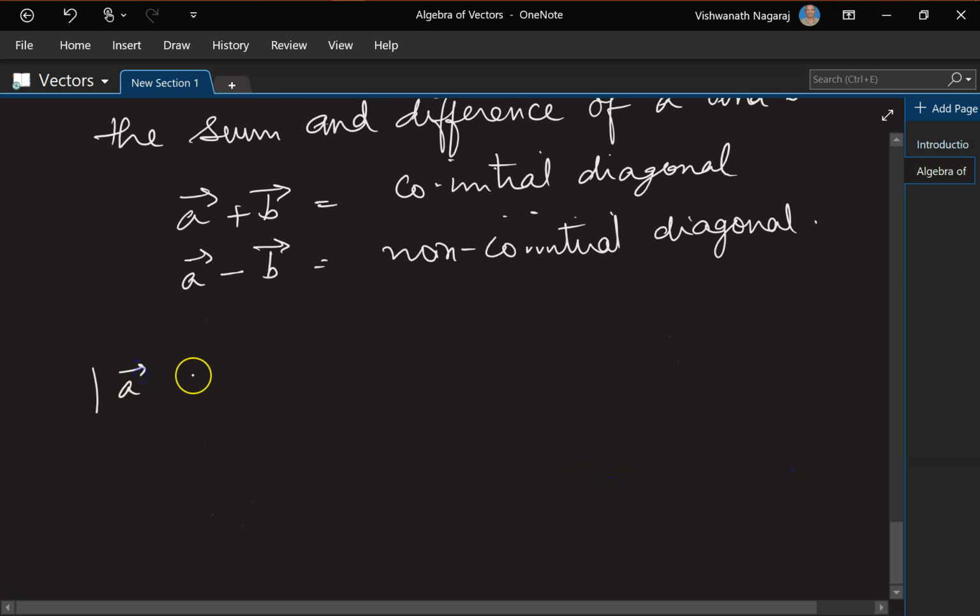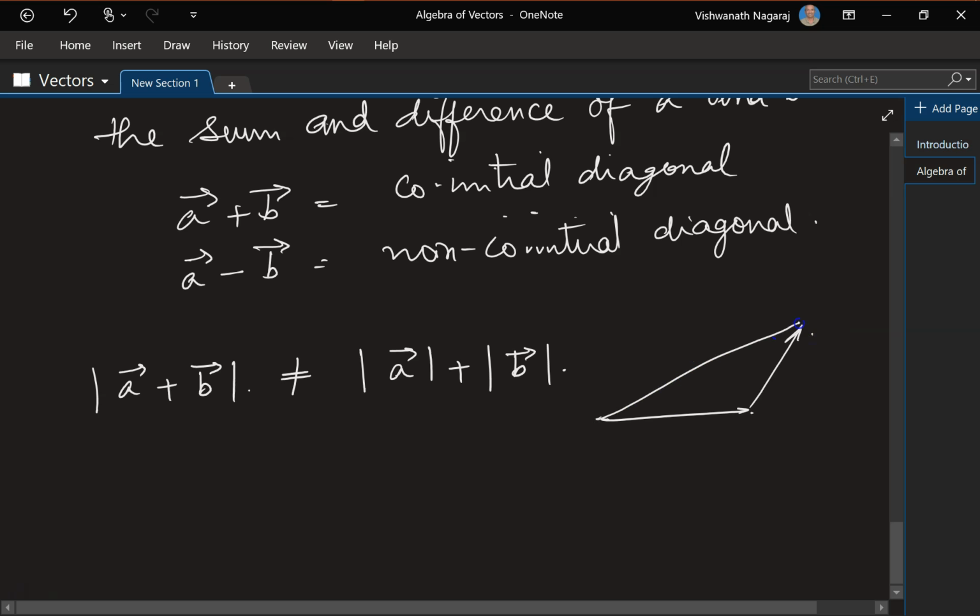Magnitude of vector A plus B, that is magnitude of the co-initial diagonal, is not equal to the sum of the magnitudes of these two vectors. And you can graphically really understand it. So let's say this is this, this is this.